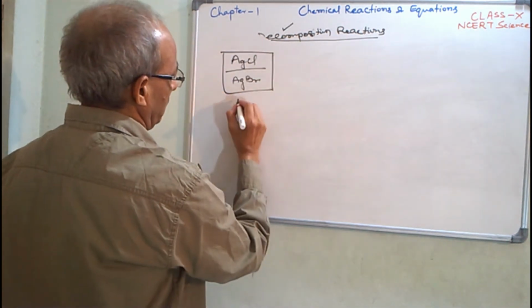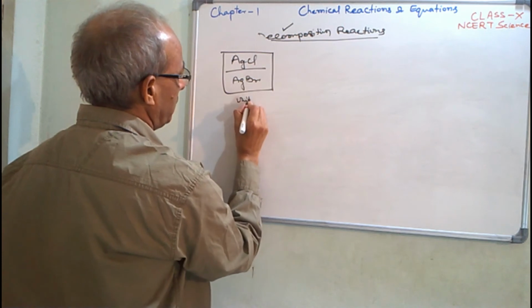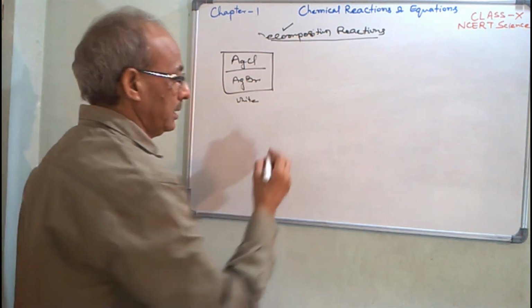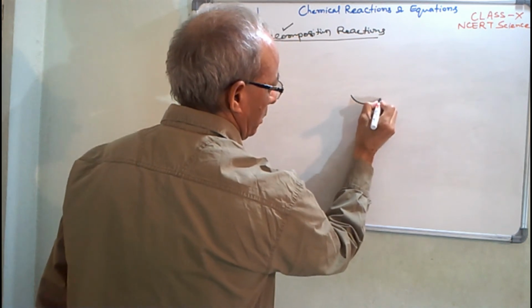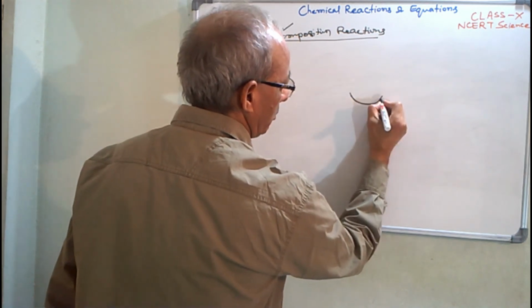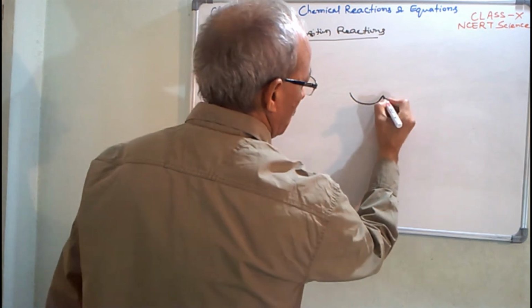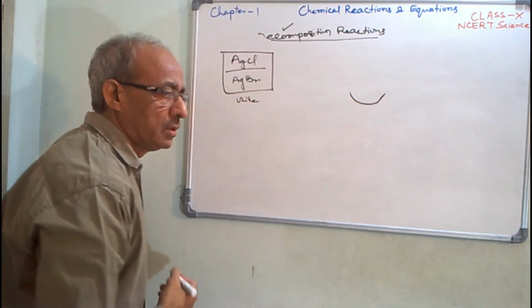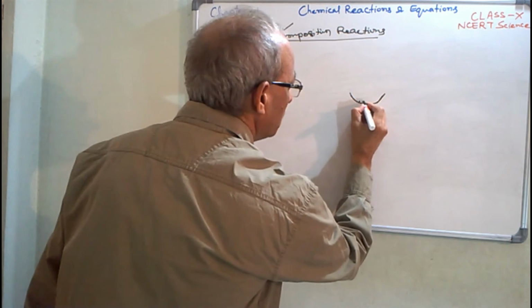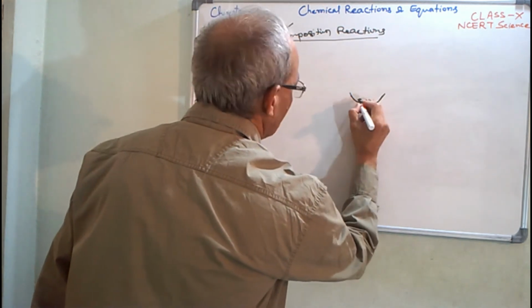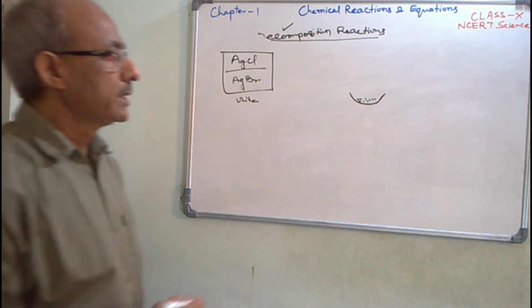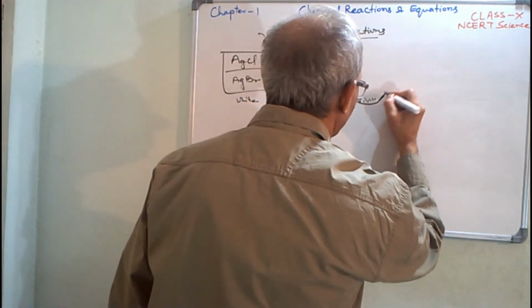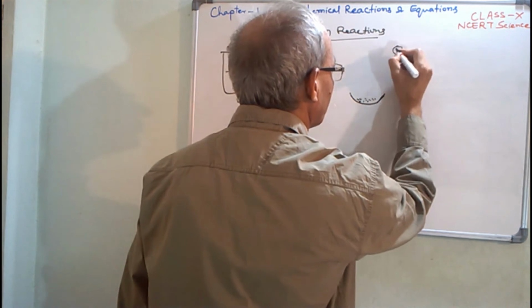Both are white in color. In a porcelain or watch glass, we take some amount of silver chloride and keep it in sunlight. Sun rays are falling.